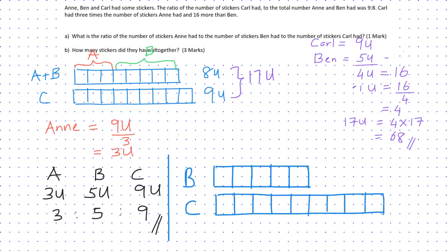So the question says that Carl had 16 more stickers than Ben. So these 4 units is equal to 16 stickers. So therefore, you derive that 4 units is equal to 16 stickers. And you can go on to find the value of 17 units, which is 68 stickers.